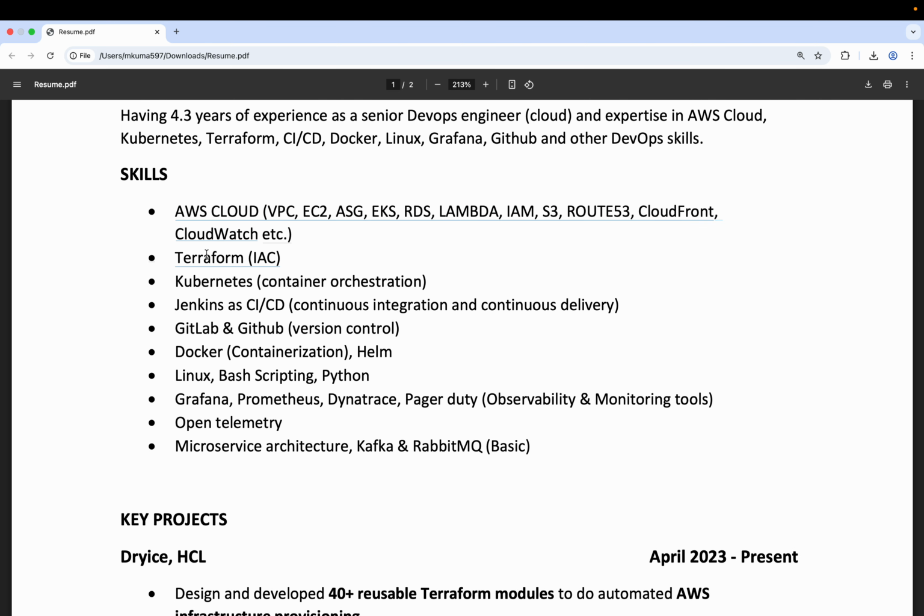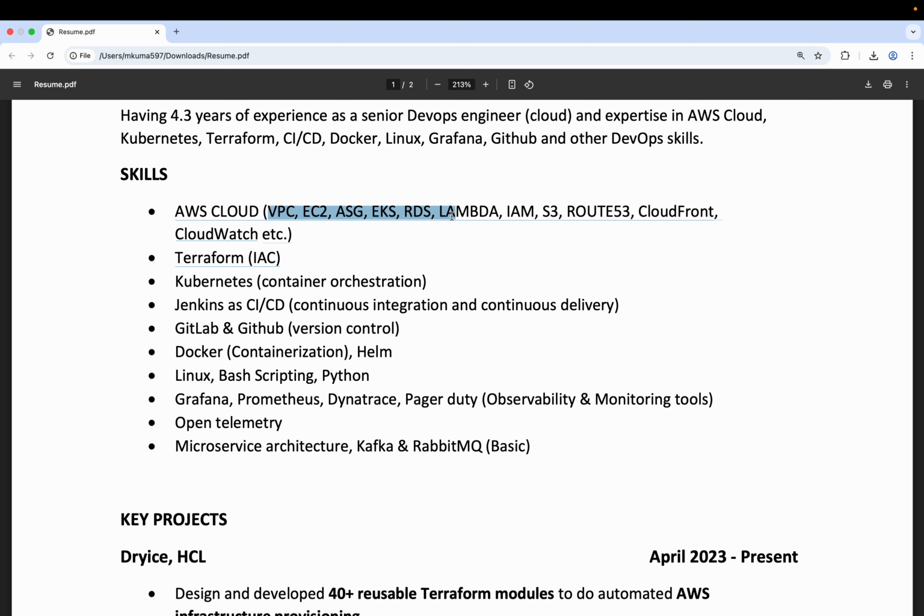So AWS cloud, Terraform, Kubernetes, Jenkins as a CI/CD. Why did I write Jenkins as a CI/CD, and also write continuous integration and continuous delivery? Because when you go into the job description of any job posting, there might be a scenario that you won't get the term Jenkins; there might be a term continuous integration and continuous delivery, there might be a term container orchestration or simply orchestration. Then they might not mention Kubernetes, they might mention Terraform, they might not mention IaC, or they might mention IaC only, not Terraform, correct? So you have to put all those keywords which can be filtered, correct?